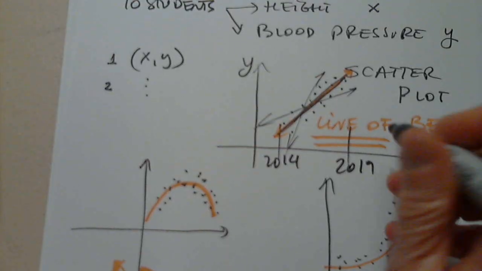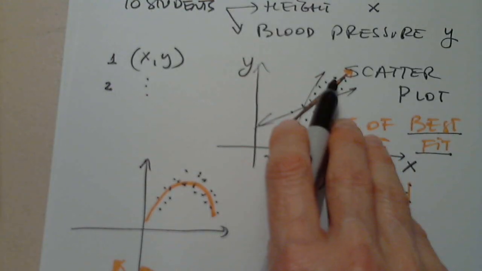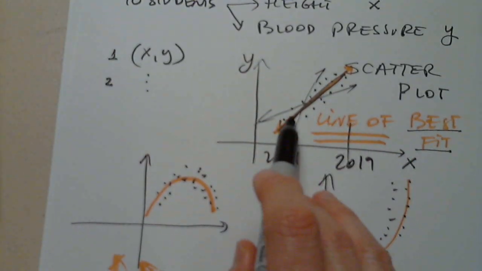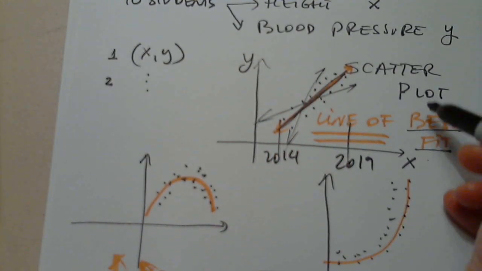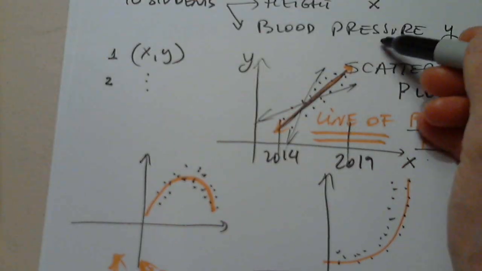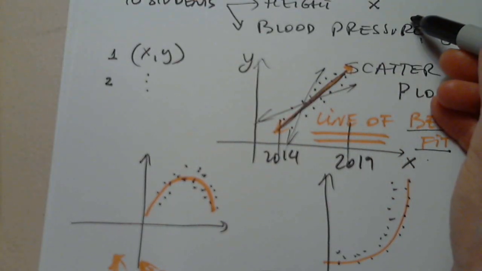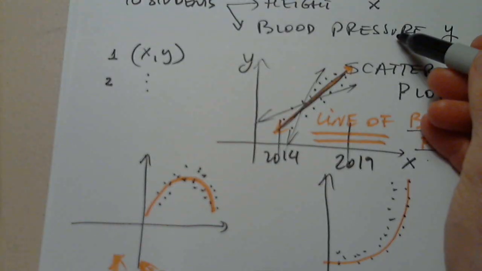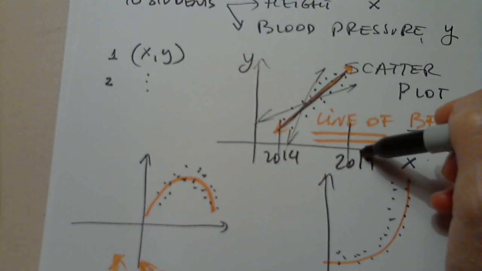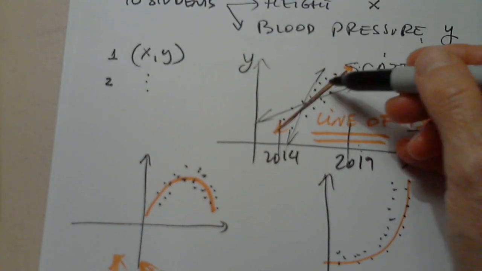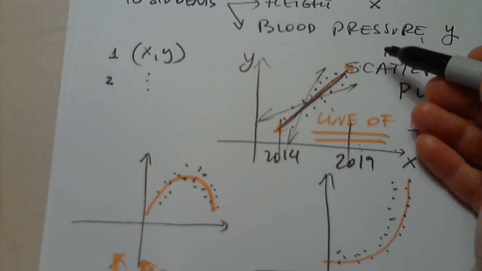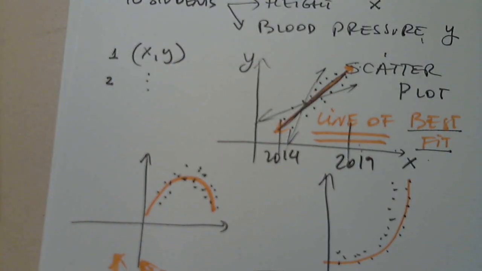But if you ask me to use the line and predict, because that's what we are trying to do, we're trying to determine this line that predicts. If you ask me too far out, I'll say, I don't know if the trend continues. This may be out of the range. Maybe 2022 will not be that bad, but maybe 2030, something may change and the line may not be accurate anymore. Too far out.